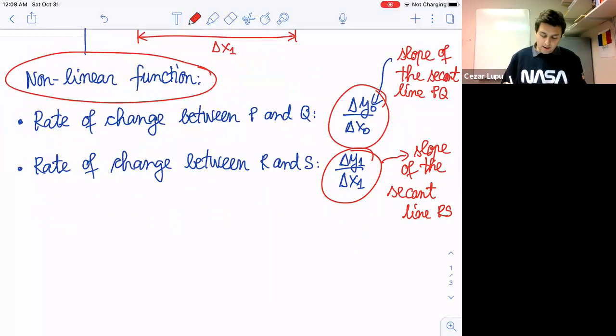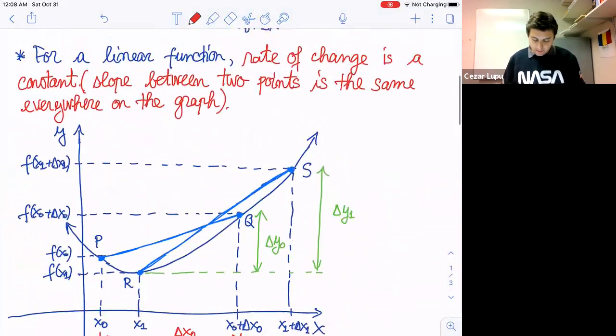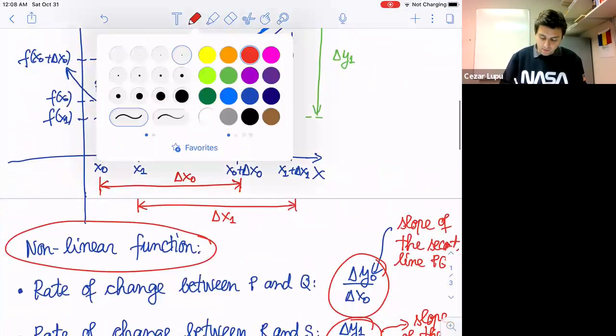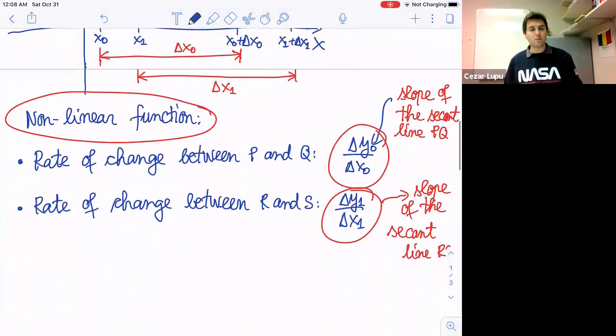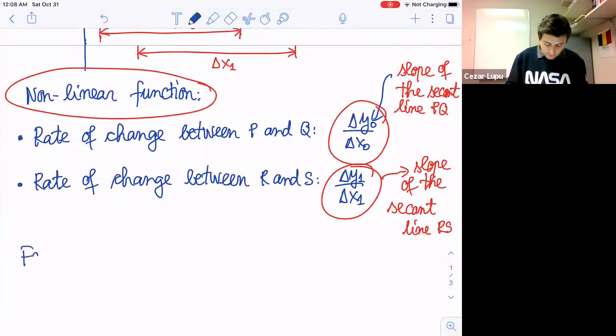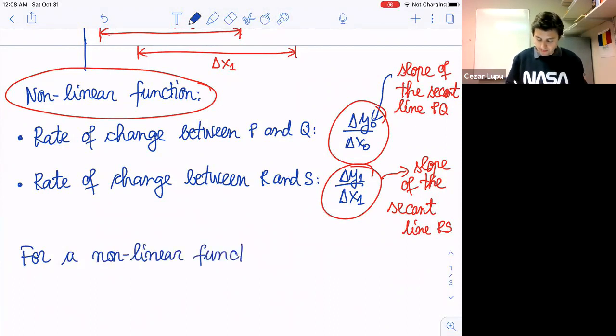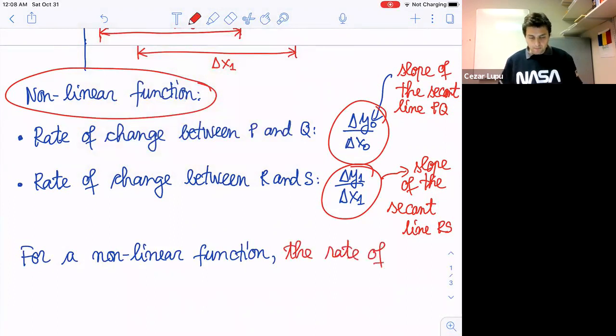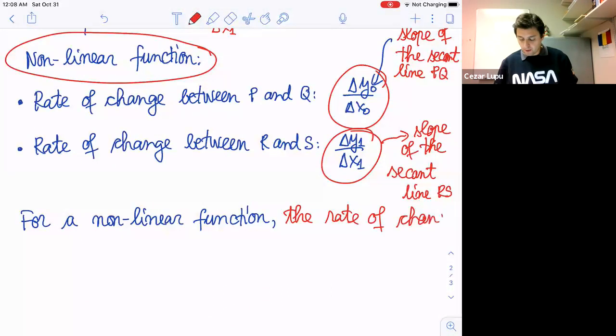And now the main idea is that we want to see what happens for a nonlinear function. We have seen what happens when we deal with a linear function. So for a nonlinear function, the rate of change is not constant this time, it is variable.